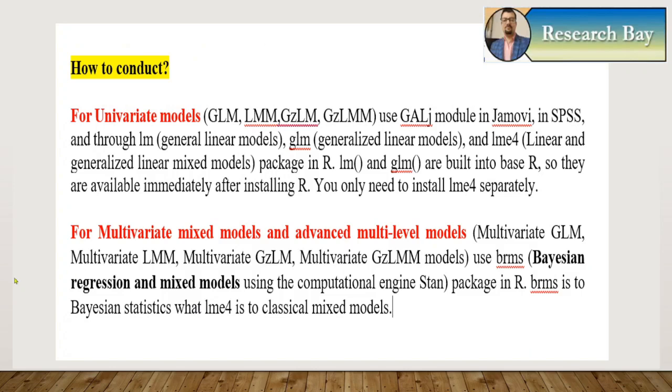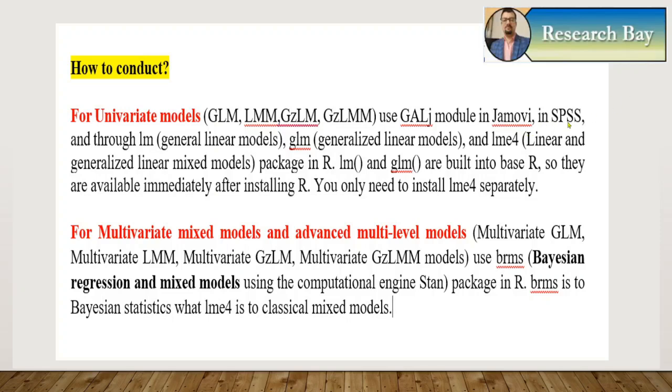Now let us see how to conduct it. For univariate models, that is a single dependent variable which is the outcome: GLM, LMM, GZLM, GZLMM. We have already discussed what they mean. We have to use the GAMLj module in Jamovi, which is quite easy to use.